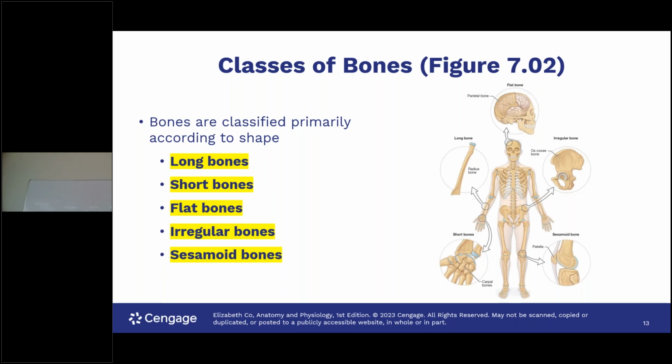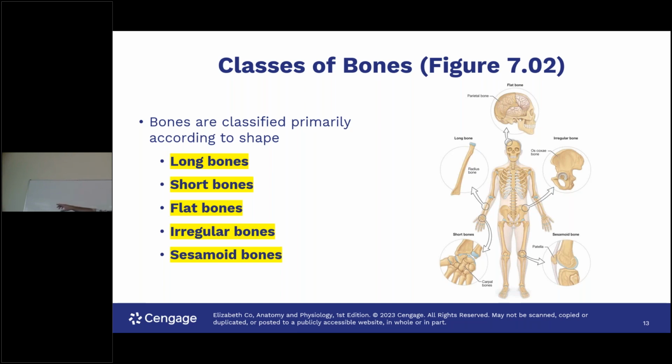For an irregular shaped bone, look at that pelvis. See how it's three bones there: the ilium, the pubic region, and the what? The ischial region.